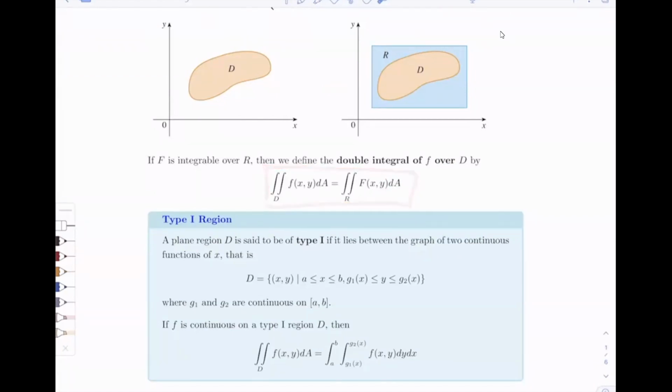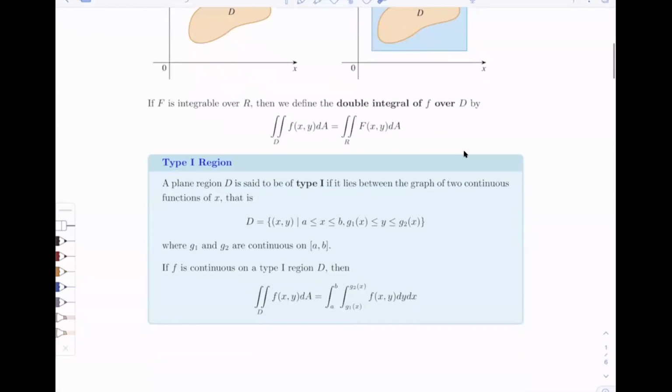And for our region D, we have two different types. The first type is called type 1, and the second type is called type 2. Type 1 means that your region lies between graphs of two continuous functions of x. The key point is they are continuous functions of x.